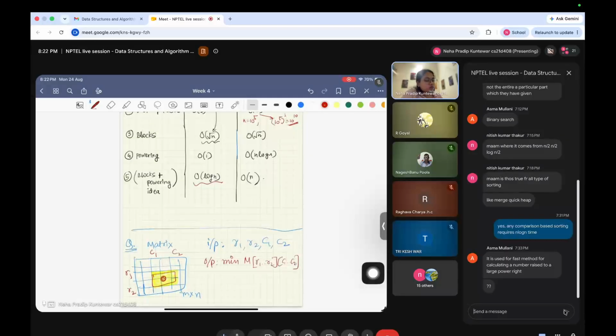So this is a natural extension. Instead of an array, you are given a matrix. We want query time. What is the best query time you can come up with, and what is the space that you will end up taking? So look at the trade-off between the two of them.